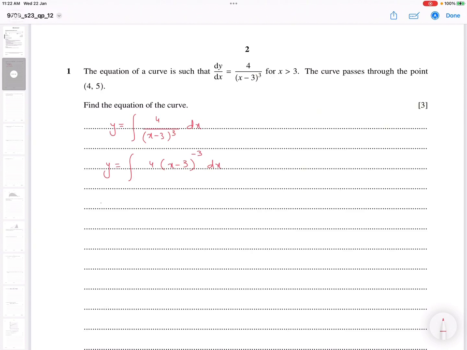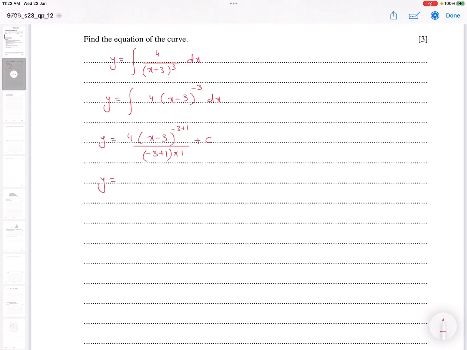So y equals 4, a constant value, times (x minus 3), you add 1 to the power and divide by the new power, negative 3 plus 1, plus c. Actually, I should also divide by the differentiation of x, which is 1, so no need to do that because the answer is 1.